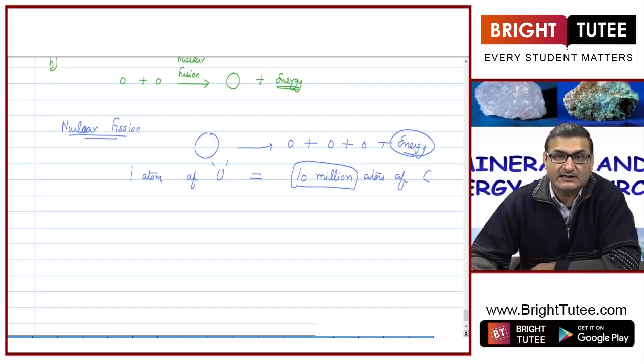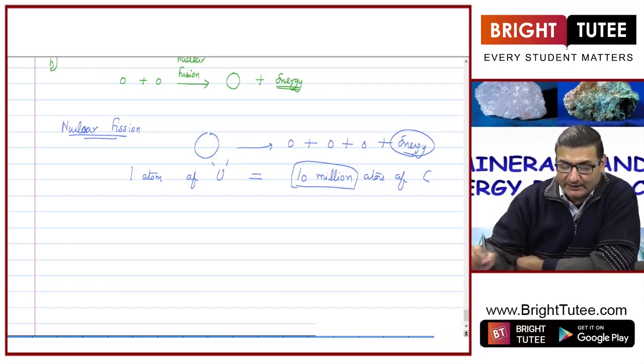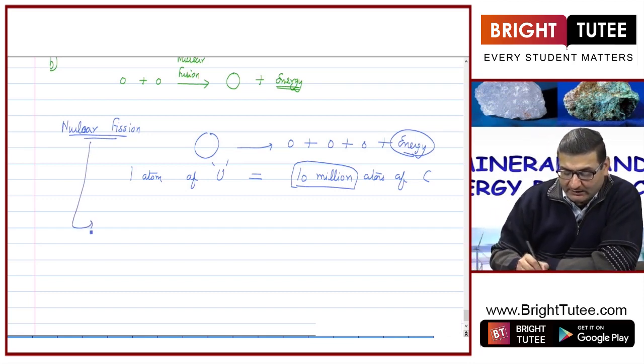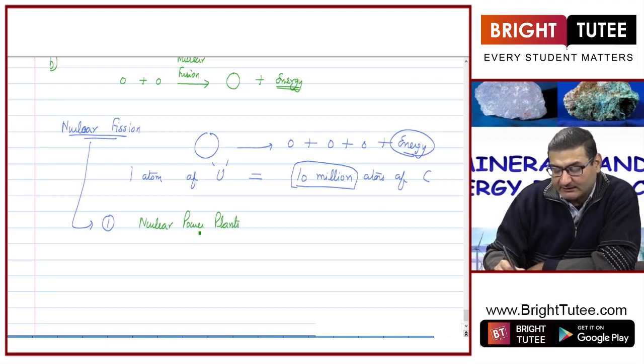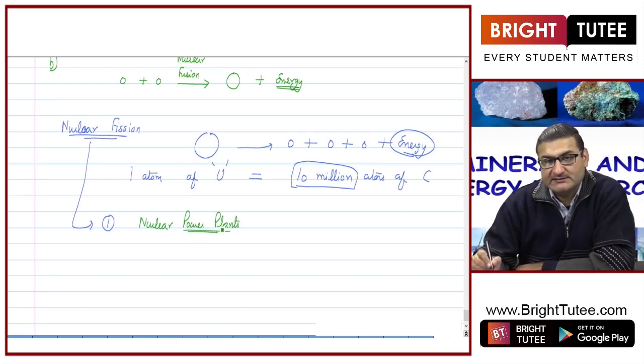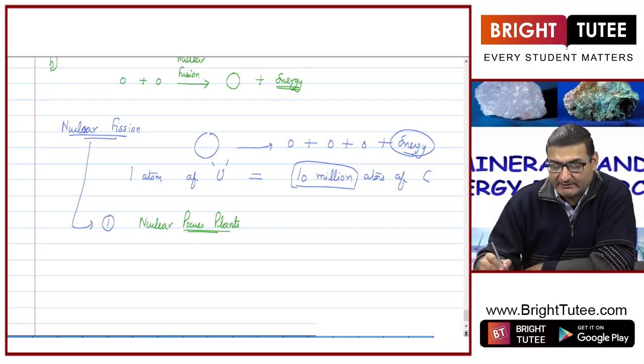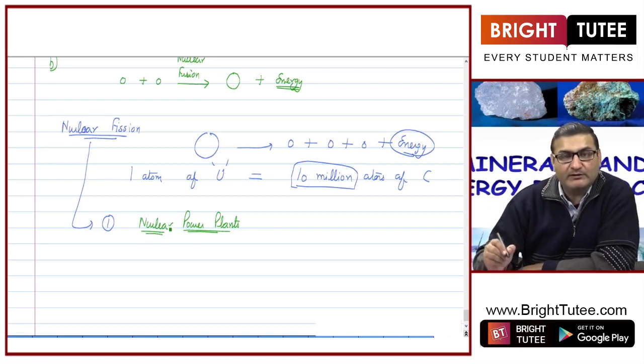Fine. So, this is a tremendous source of energy, and this energy we utilize in two ways. One is a peaceful use. In peaceful use, we are utilizing it in the form of nuclear power plants. Now, these are the places where electric power is generated with the help of nuclear energy.